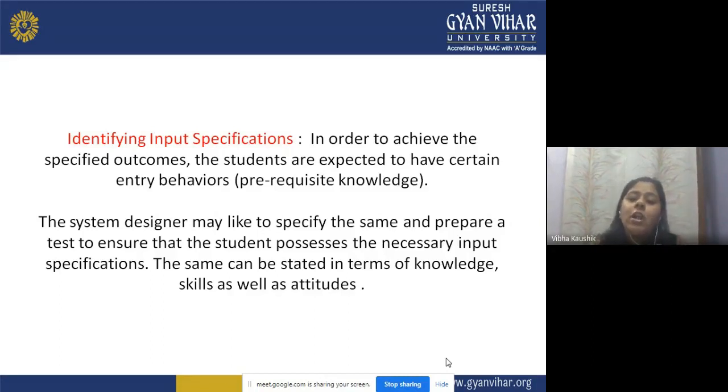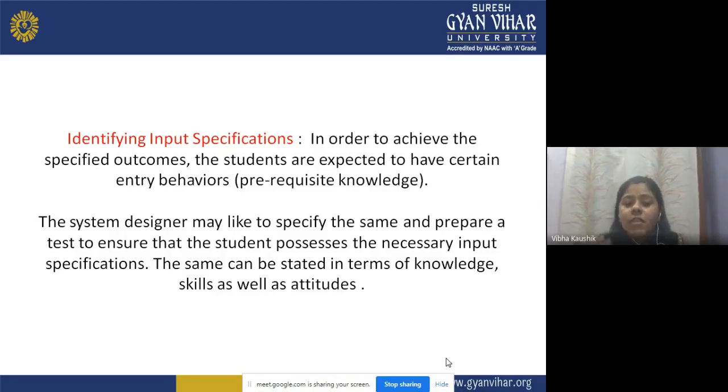Now we have just learned about the entry behavior, the prerequisite knowledge or skills before learning a new topic. For example, I am going to teach you multiplication. The prerequisite knowledge will be the knowledge which the student has of addition and subtraction. The system designer may like to specify the same.